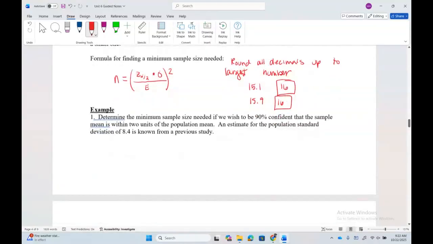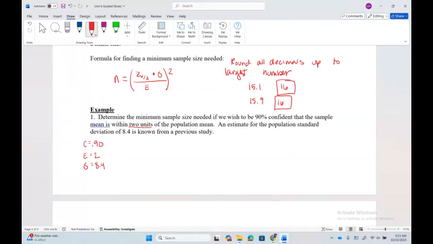Okay. All right, so this says determine the minimal sample size needed if we wish to be 90% confident that a sample mean is within 2 units of the population mean. Well, that means that our error is 2. An estimate for the population standard deviation is 8.4. Okay, so we are going to use this formula here.